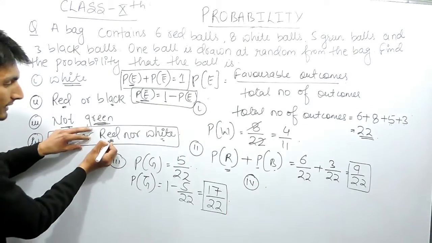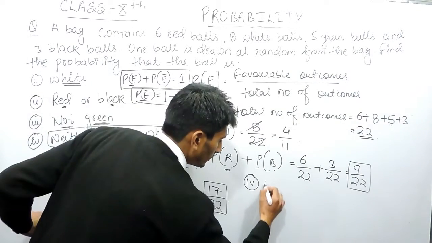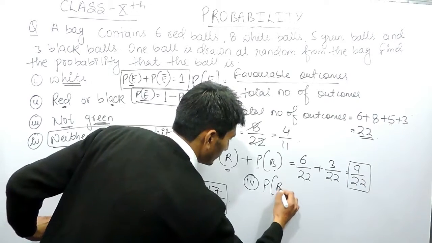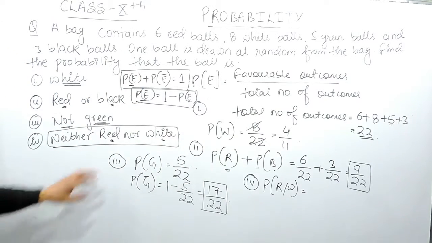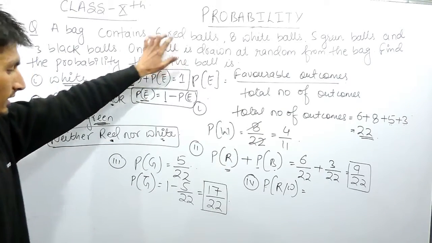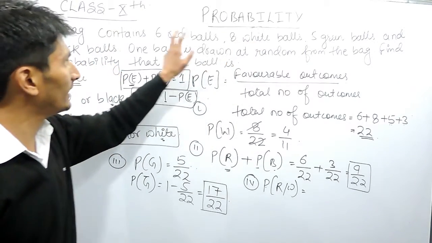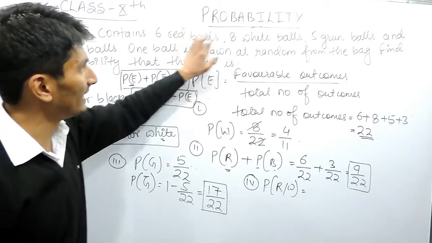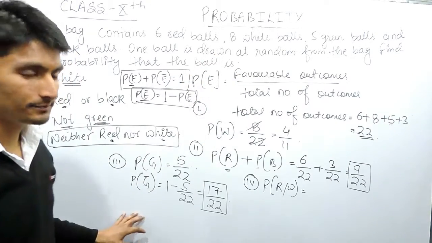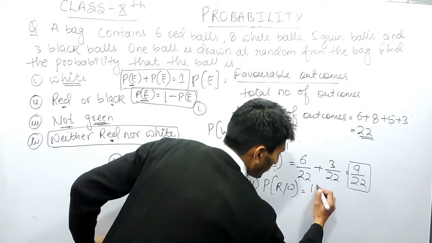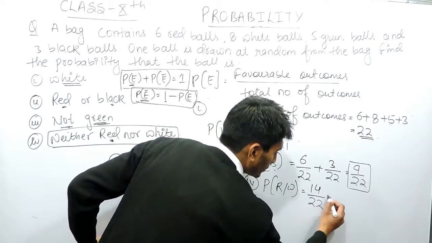The probability of getting a red or a white ball: there are 6 red balls in the bag and 8 white balls, so for red and white balls the favorable outcomes will be equal to 14. So here the favorable number of outcomes is 14 and the total number of outcomes is 22.